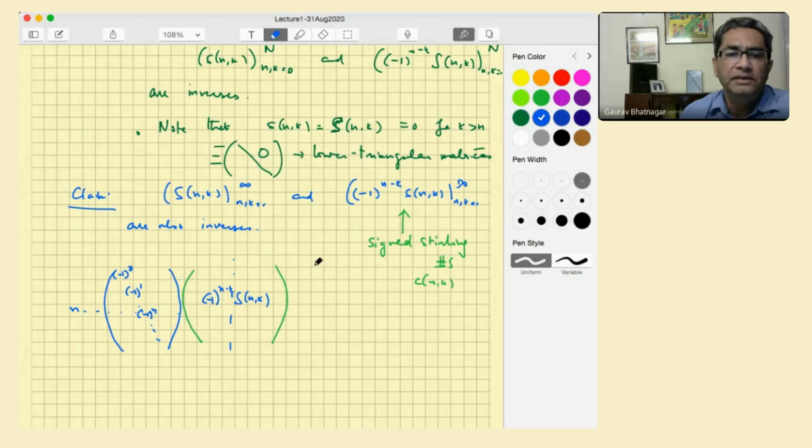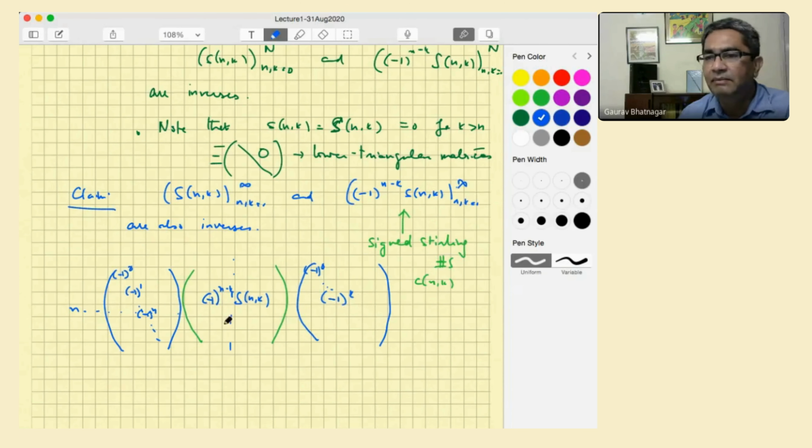So this disappears. And on this side, I multiply by minus 1 raised to k, which is the same matrix. I mean, it's minus 1 raised to 0, minus 1 raised to 1. And if I multiply any term here by this, then the kth column terms all get multiplied by minus 1 raised to k.